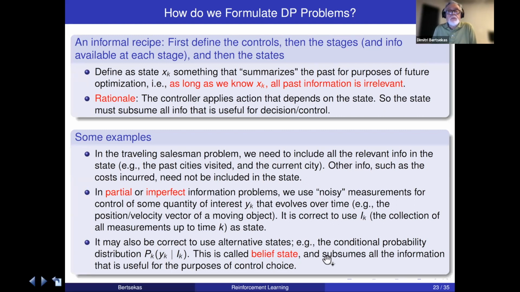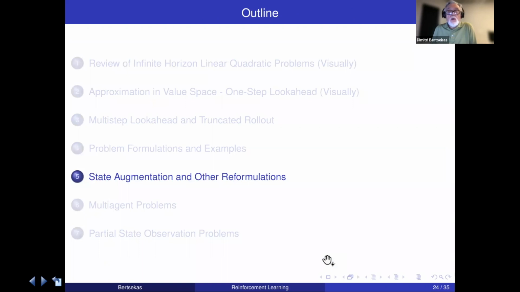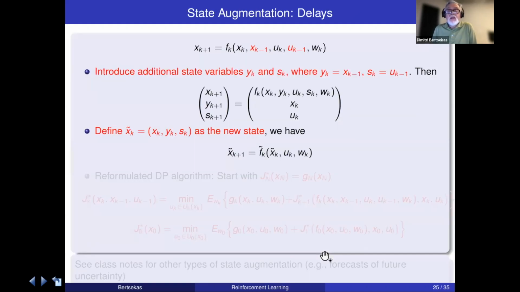And let's go to a general device that can be used for problem reformulation. And that's the device of state augmentation. In state augmentation, you have something that appears like it would be a desirable quantity to view as state.